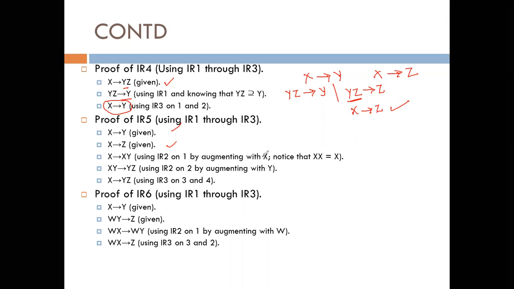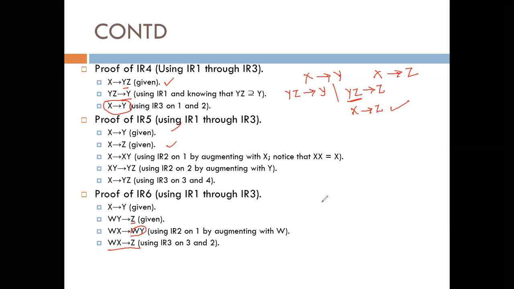Then the last one, pseudo transitivity. x is determining y, wy is determining z, then wx is determining wy, and wy is determining z, so we can write wx is determining z. This is all by applying the two rules that we saw in the beginning, the augmentation rule and the reflexive rule.